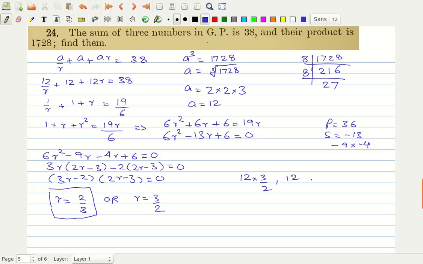The second term is going to be A, which is 12, and the third term is 12 times 2 by 3, so this is 8. Okay, so these are our three terms. If you had used the other value, you would have just got these terms in reverse order. That is, you would have got 8, 12 and 18.